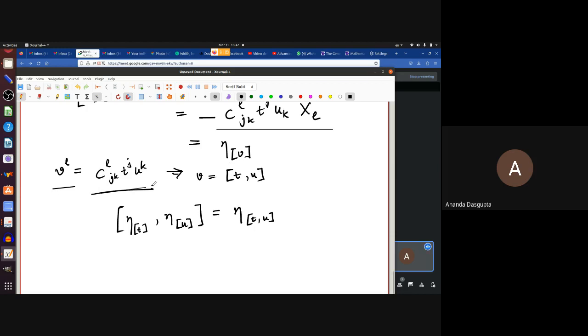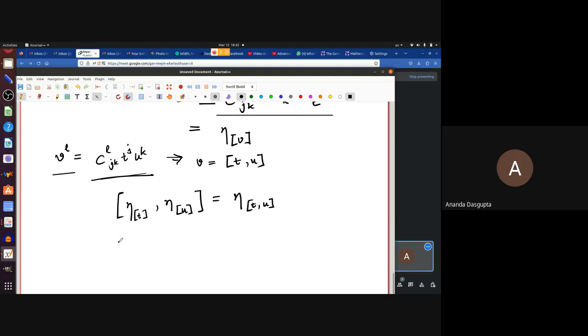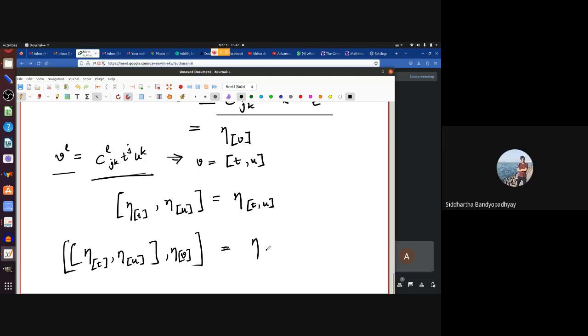You can understand that v is equal to the bracket of t and u.